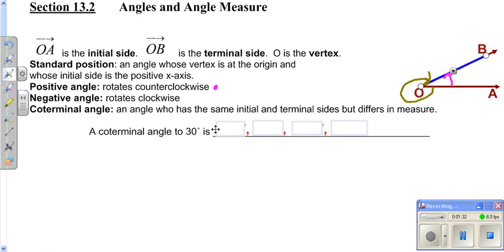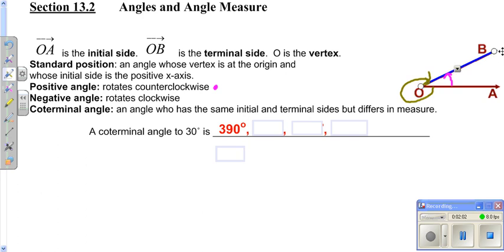Now, a coterminal angle to 30 degrees. 30 degrees is about here. A coterminal angle is another angle that maps to the same location. Well, we could also get to the same location, not by just going up 30 degrees, but we could go up 30 degrees and then go all the way around. And when you go all the way around, that's a 360. So we were at 30, then went all the way around 360, so that's a 390.